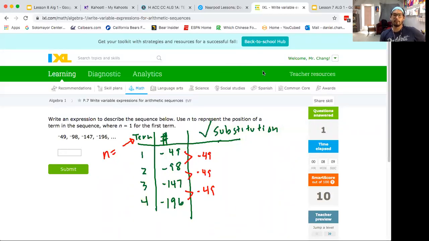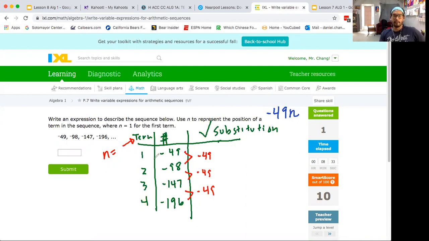So I'm going to use the blue now. So I think my expression is negative 49 times n. Well, I don't even need a parentheses. Negative 49 times n.